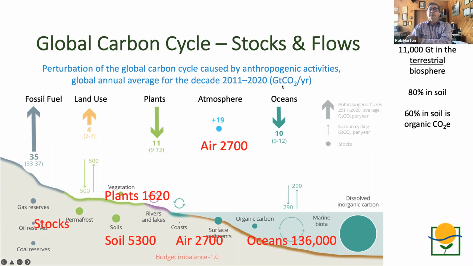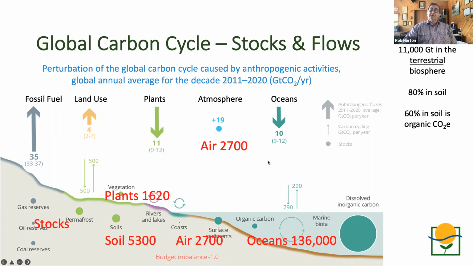So that's gigatons of carbon dioxide equivalent, not carbon. If you're looking at, say, the carbon in plants or the carbon in the soil, that would be about 27% of that number. And when you look on the graph, you have to understand whether it's gigatons of carbon or gigatons of CO2. And a gigaton is just a billion tons.